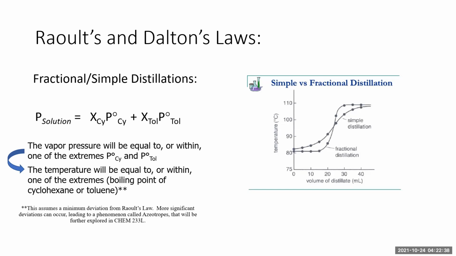So what we'll see is that the vapor pressure of cyclohexane is higher than toluene because it has a lower boiling point.